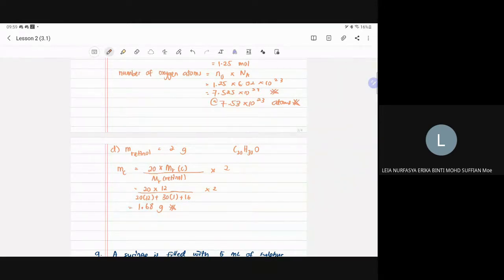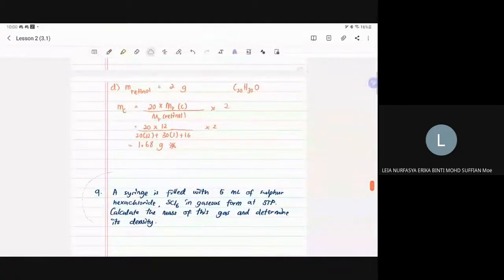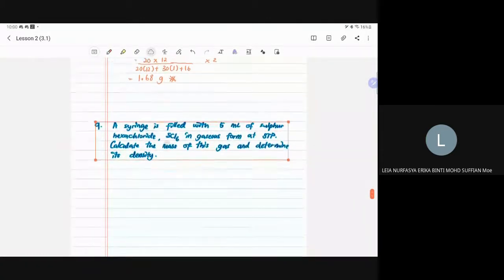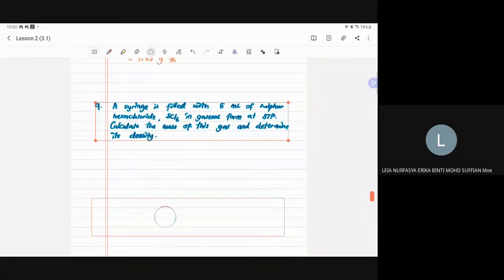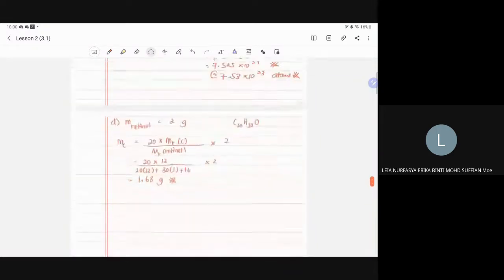Kalau kita tukar kepada cara yang lagi satu, dia panjang sikit. So mula-mula 2 gram tukar kepada mol. Okay. Another alternative, cara yang panjang tu, saya tunjuk kat bawah. Kita akan dapat ni juga. Okay.